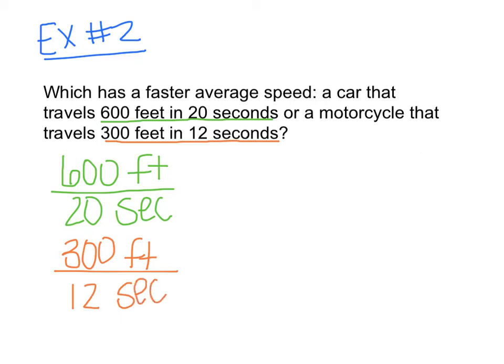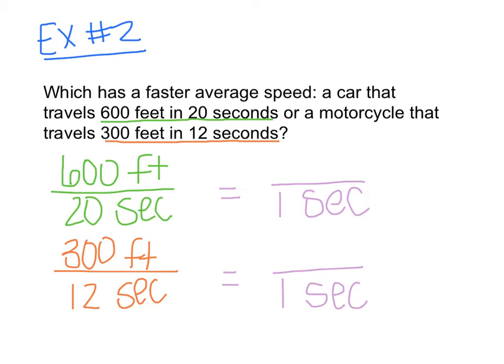So I just took my numbers and placed them in fractional form. So let's see how fast. The first one is our car. Let's see how far our car can go in 1 second. We know how far it can travel in 20 seconds. But let's see how far it can travel in 1 second. And the same thing for our motorcycle. Let's see how far it can travel in 1 second, and then we'll see which one goes farther.